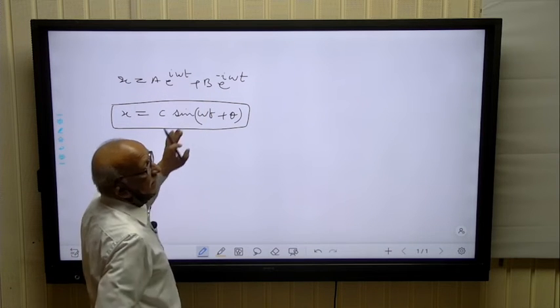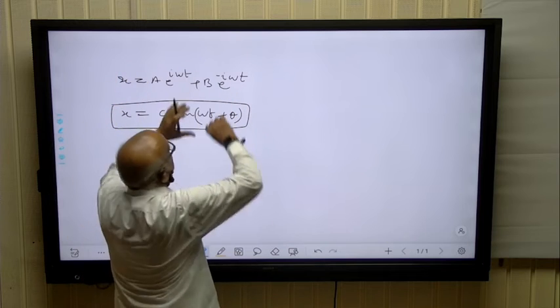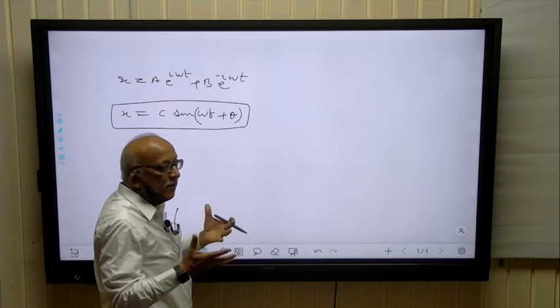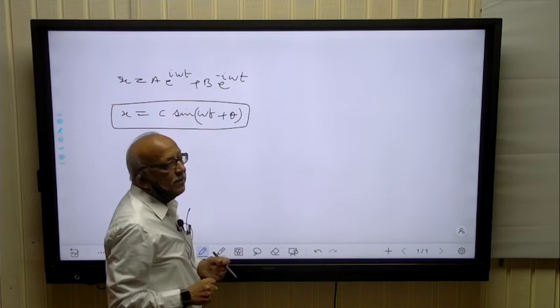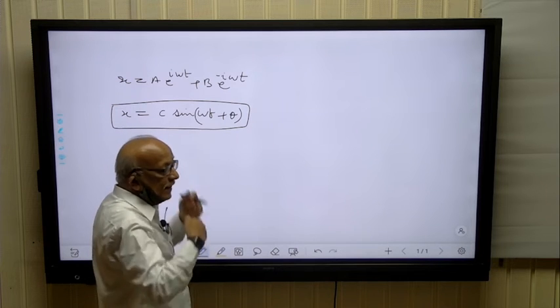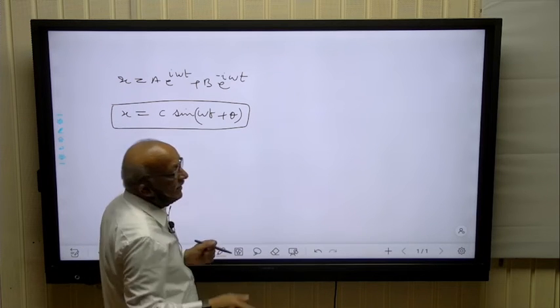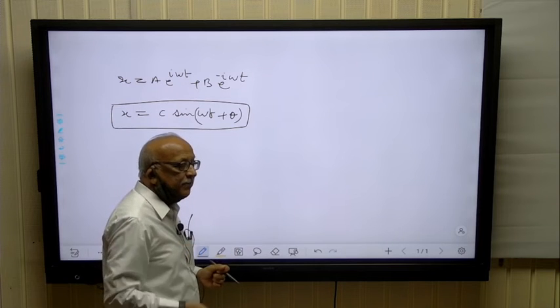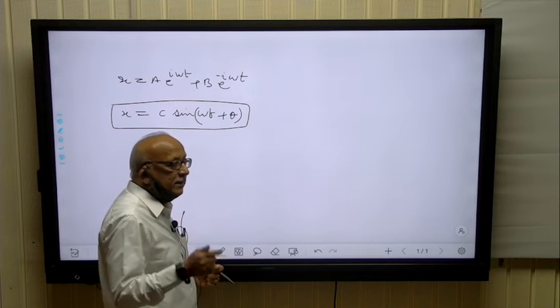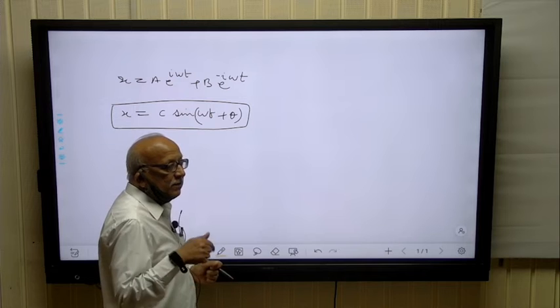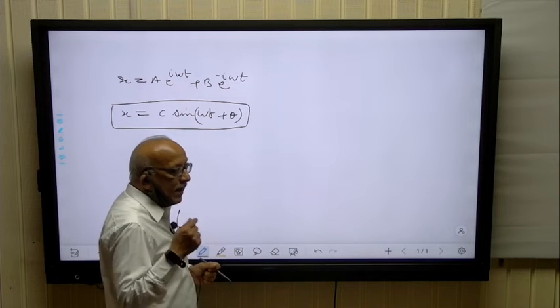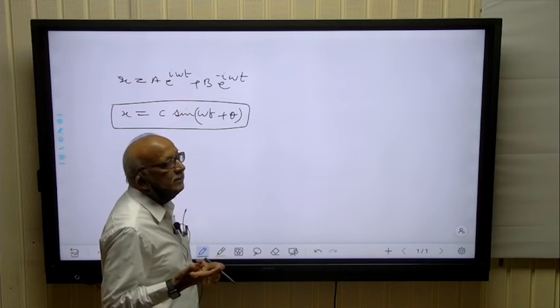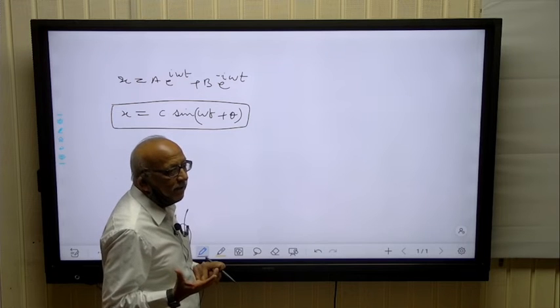A and B in this solution are some constants, but if I say that A and B are not just constants but represent amplitude, in that case the value of A or B should give some real value.